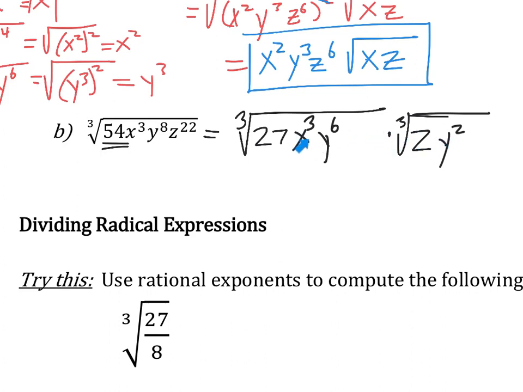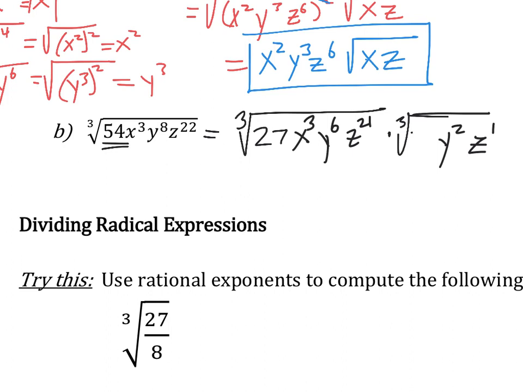If we put this together again, we'd have 8 y's multiplied. Now, what's the closest exponent to 22 that is a multiple of 3? That's going to be 21. And we'll have z to the first power, right? Got to be careful with the z's and the 2's there. That's a 2.